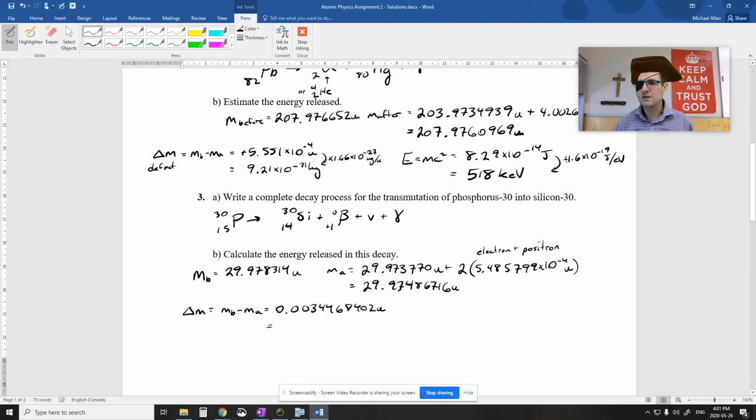I'm going to change that into kilograms, times 10 to the negative 30 kilograms.